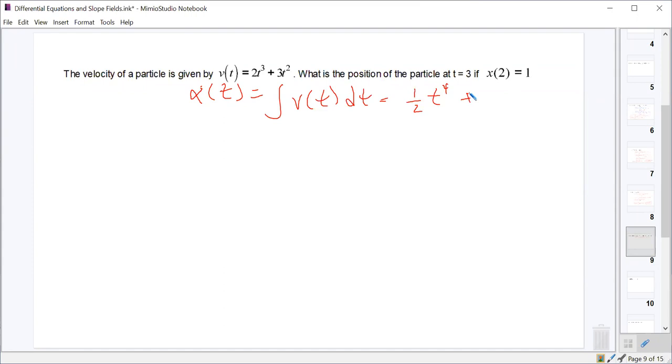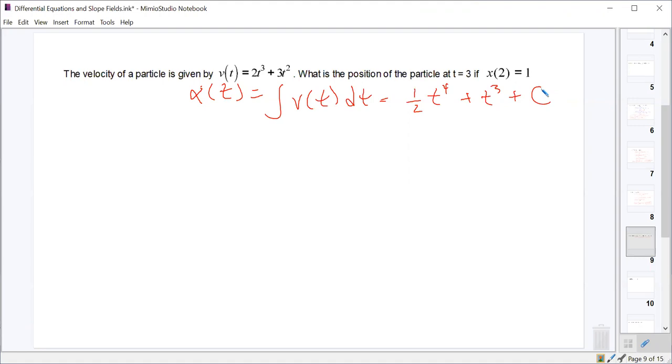That one should be plus t cubed. Everybody agree with that or no? Yeah. And then plus a constant.